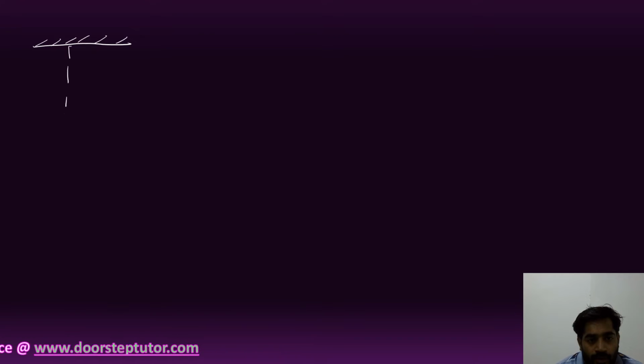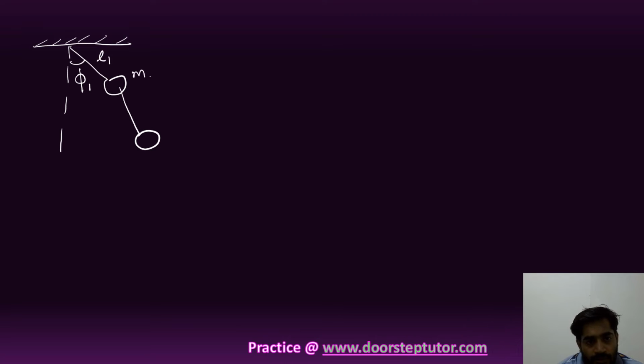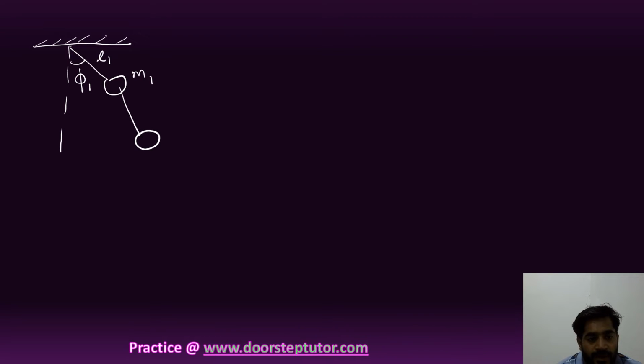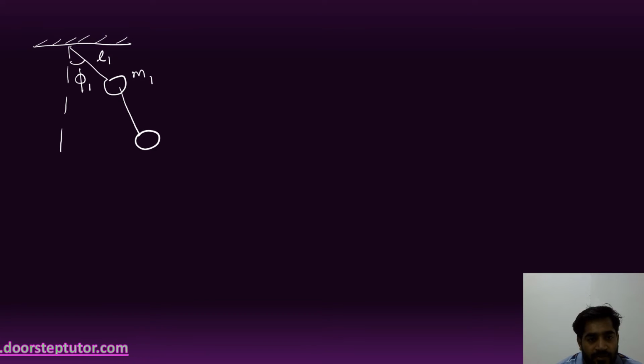So we will deal with this problem of Lagrangian, a most famous problem and sometimes most complicated also, because it is not easy to solve, especially using Newtonian mechanics. Mass m1 is attached to a string of length L1, making an angle phi1.